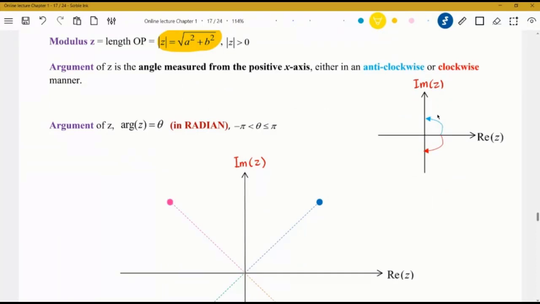Okay, so the movement of location ataupun point, dia akan rotate anti-clockwise ataupun clockwise, ke atas ataupun ke bawah. Okay, so before that, do the correction on your notes. So suppose for the y-axis adalah imaginary part, bukan real part. Saya tertinggal kat situ. Tertypo. Okay. So do the correction. So it be imaginary part for the y-axis.